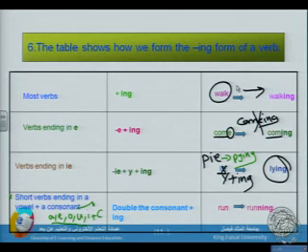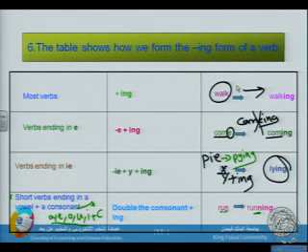We double the consonant plus ing, like run becomes running. Notice we doubled the n and added ing, because the word ends with a vowel followed by a consonant.